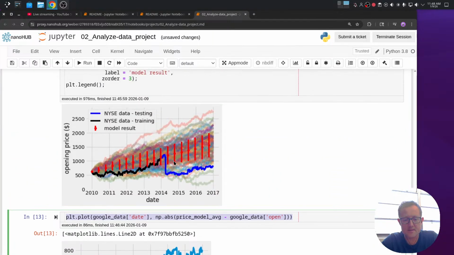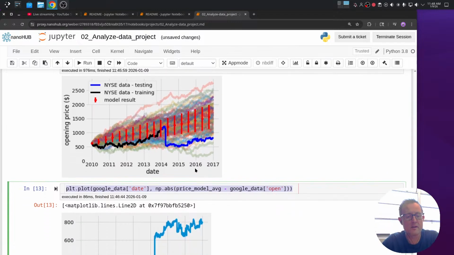Another thing that I'm looking for is the precision. This error bar keeps increasing and these lines keep getting farther and farther away from each other. So this random walk keeps going higher, meanwhile this one keeps going lower, but the average price change is still somewhere up here. So what are those error bars? We could look at that too.